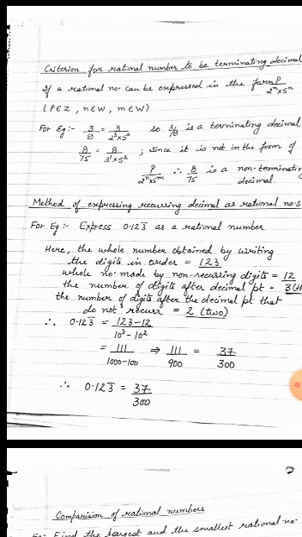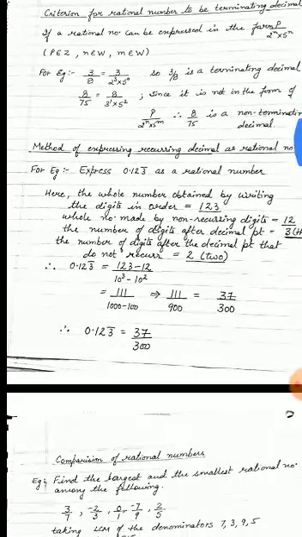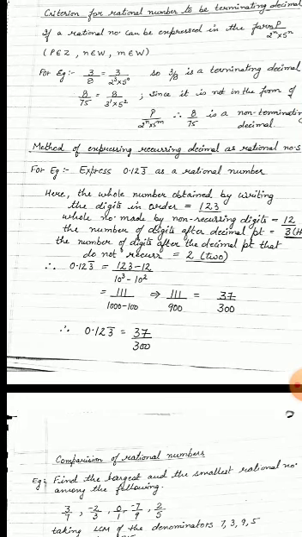We will neglect the decimal right now. Next step is the whole number made by the non-recurring digits. You can all see that the non-recurring digits are 1 and 2. The number of digits after the decimal point is 3. The number of digits after the decimal point that do not recur is equal to 2.